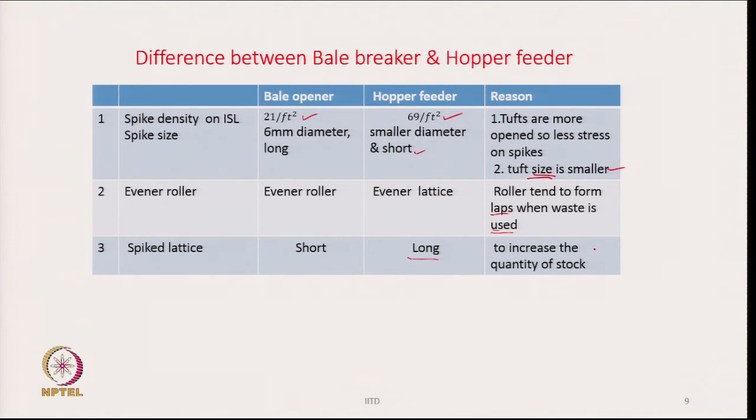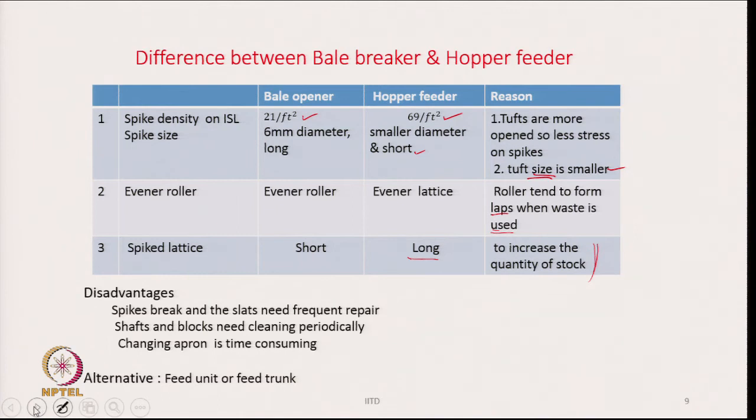The long one is to increase the quantity of stock, because we want to keep a large volume of material within the machine, and therefore it has to be larger in size. So, we increase the height of the machine, and hence we need a long spike lattice. These are the reasons why there is a difference.